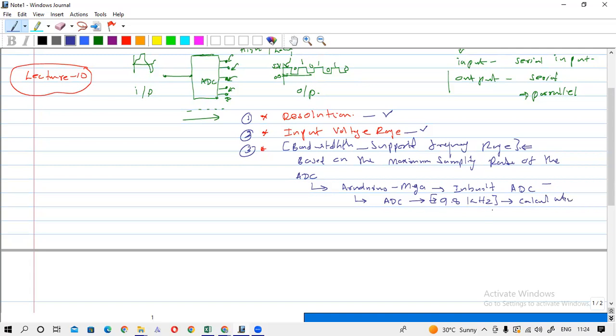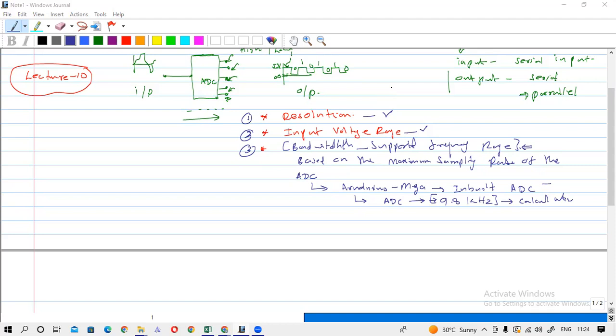To calculate this, there is an oscillator in the Arduino board, so you have to use the oscillating frequency first. The Arduino Uno should have an ADC, because in the Arduino Uno board there are also analog pins. If analog pins are there, there should be an analog to digital converter.